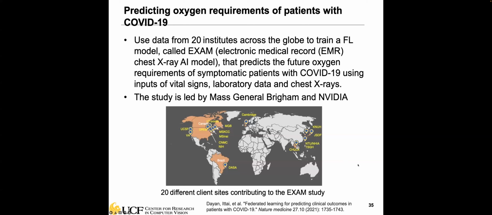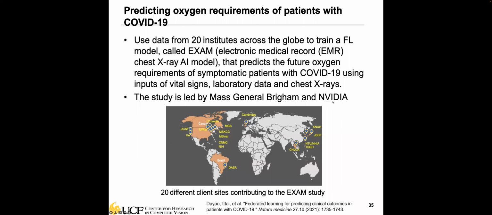They used data from 20 institutes across the globe to train a federated learning model called EXAM, which stands for Electronic Medical Record Chest X-ray AI Model. The model is able to predict the future oxygen requirement of patients with COVID using vital signs, laboratory data, and chest X-rays.